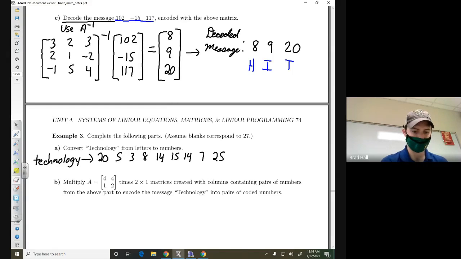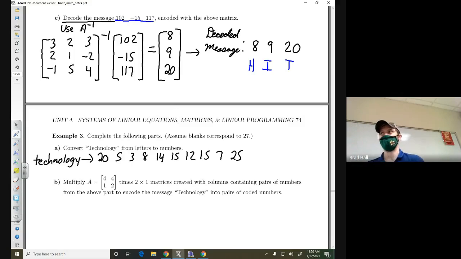Oh, I got L. 15 is O. There's 12, 15, 7, and 25. There we go. Okay, so there should be 10 characters here, or 10 numbers.